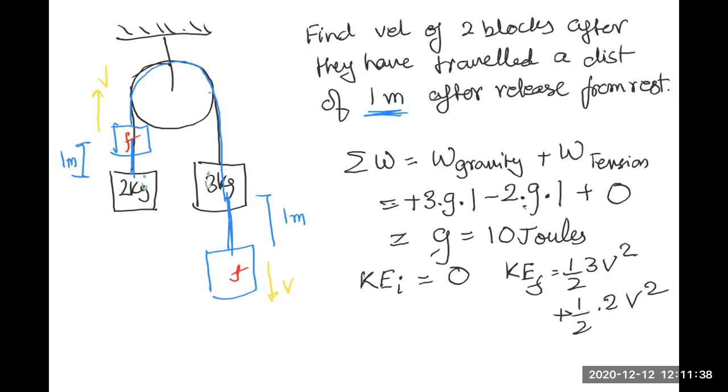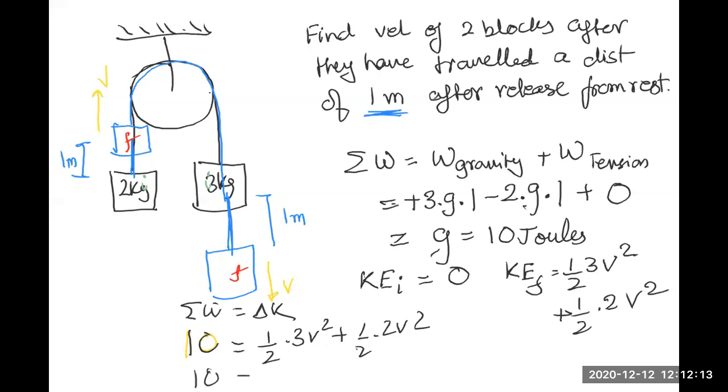Now I have worked out the final kinetic energy. I have worked out the initial kinetic energy. I have worked out the work done. So it's time to apply the work energy theorem. Summation of work done is equal to change in kinetic energy, half into 3v square plus half into 2v square. 3 by 2 plus 1, right?